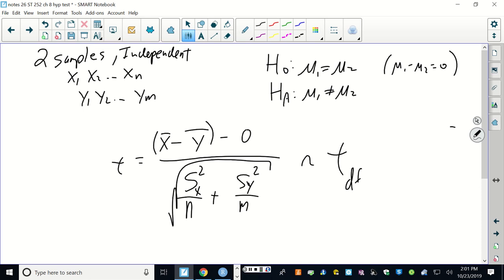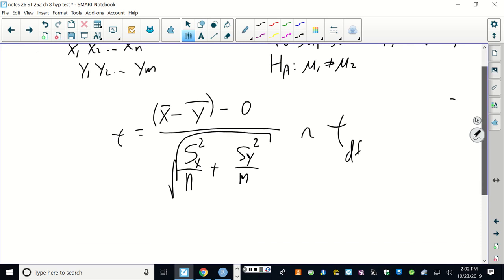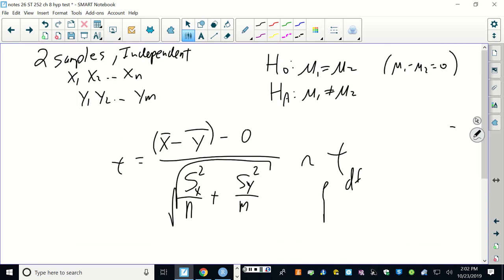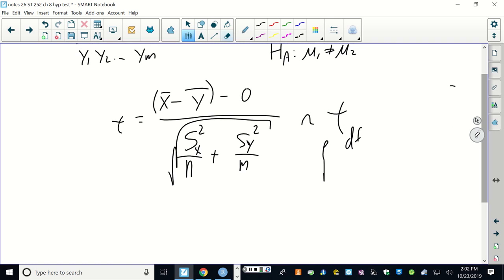This is where we have that Welch degrees of freedom thing from the confidence interval, so it's not exactly a t. Then we'll calculate a p-value, and if the p-value is small and this t-statistic is extreme, we'll reject the null hypothesis.